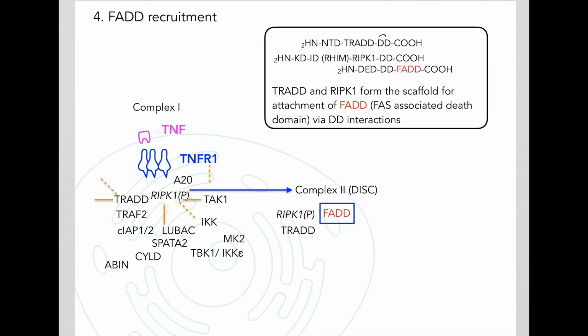Now TRADD has the death domain, RIPK1 also has the death domain, and so this RIPK1 and TRADD will now induce the recruitment of another protein called FADD, which stands for Fas-associated death domain, because FADD also has the DD domain. So through these DD domain interactions, FADD is recruited to complex 2, the death-inducing complex.